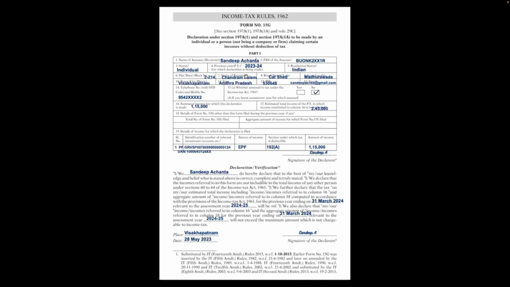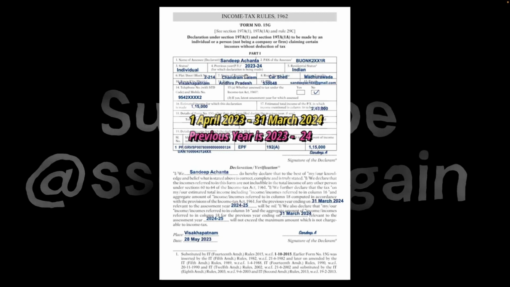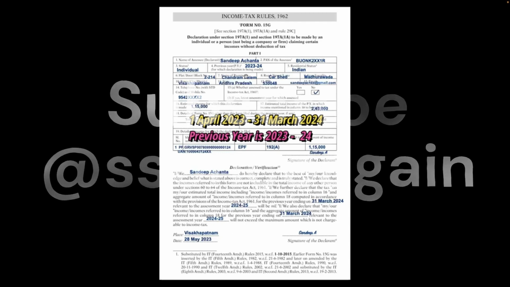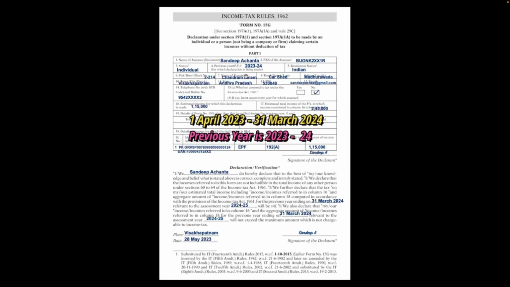What is the current financial year? If you are withdrawing your EPF amount from 1st April 2023 to 31st March 2024, then the previous year, that means the financial year, will be 2023 to 2024. So you have to mention that financial year. Suppose you are withdrawing your EPF amount after 31st March 2024, then the new financial year will start.